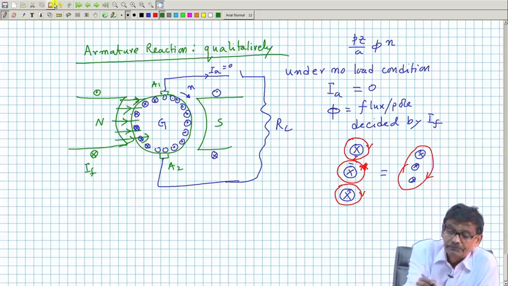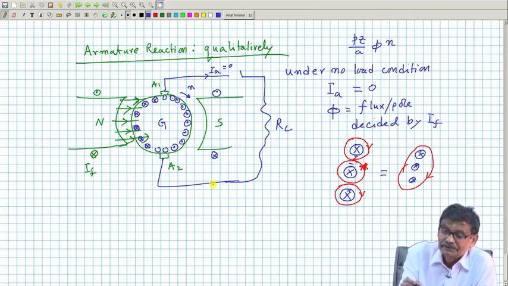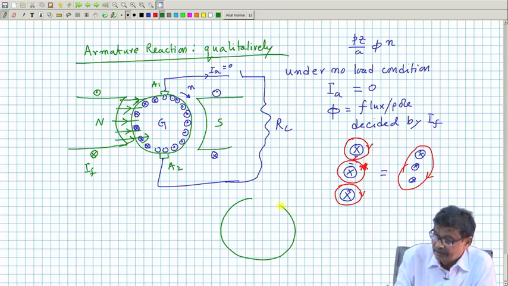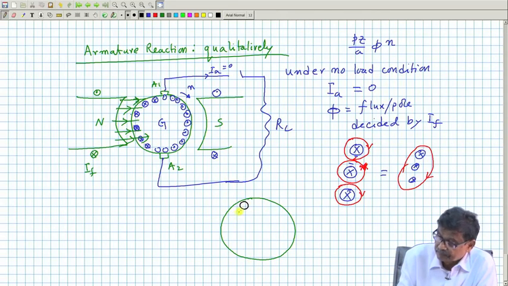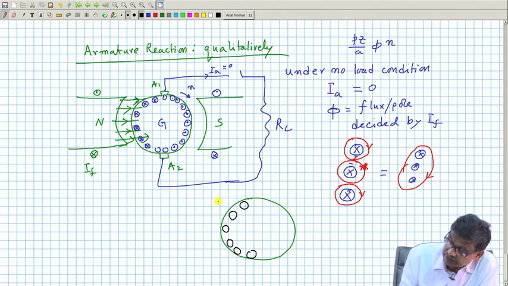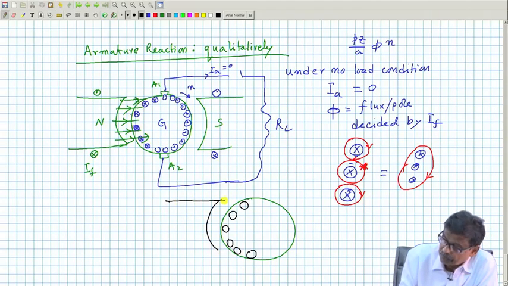In other words, the scenario will be something like this, a very interesting scenario. That is, your armature is like this, then the conductors, this was your say north pole.